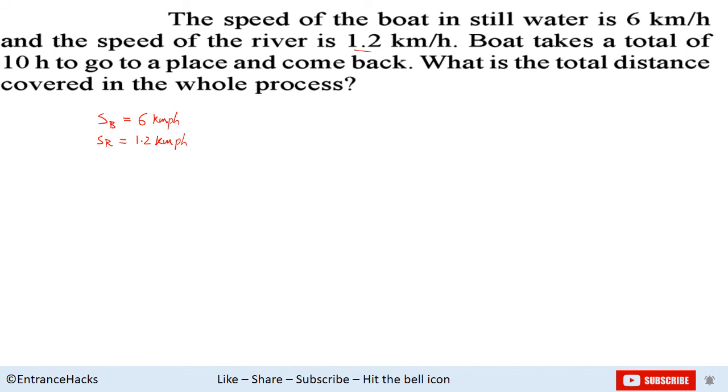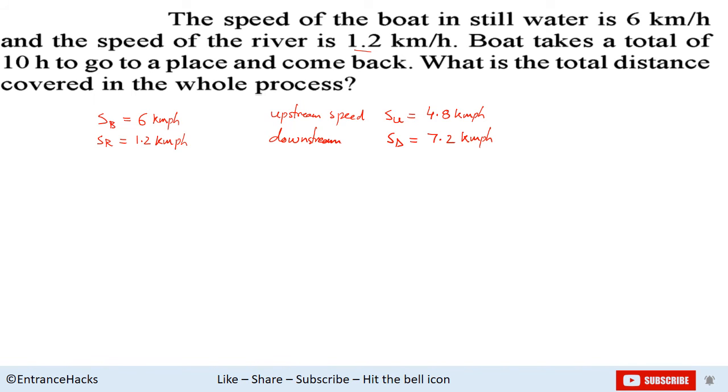Now the upstream speed SU would be given by 6 minus 1.2, so that is 4.8 kmph. Similarly, the downstream speed SD would be given by 6 plus 1.2, so that will be 7.2 kmph, right?